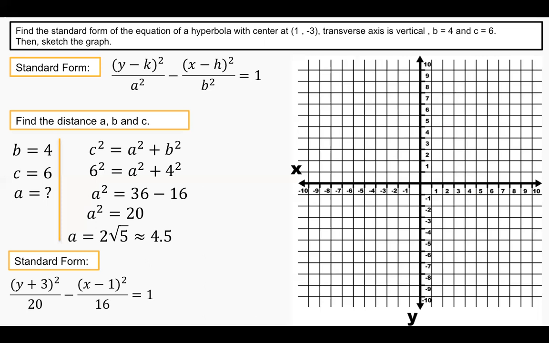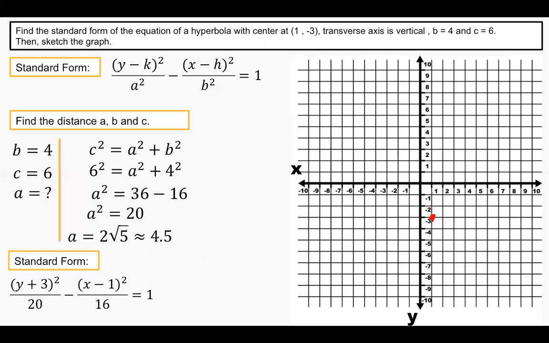Okay, so we will start locating first the center. The center is located at (1, -3). Allow me to change the color. Okay, (1, -3), that's the center. Then I will count 4.5 units above and below the center for me to locate the vertices.